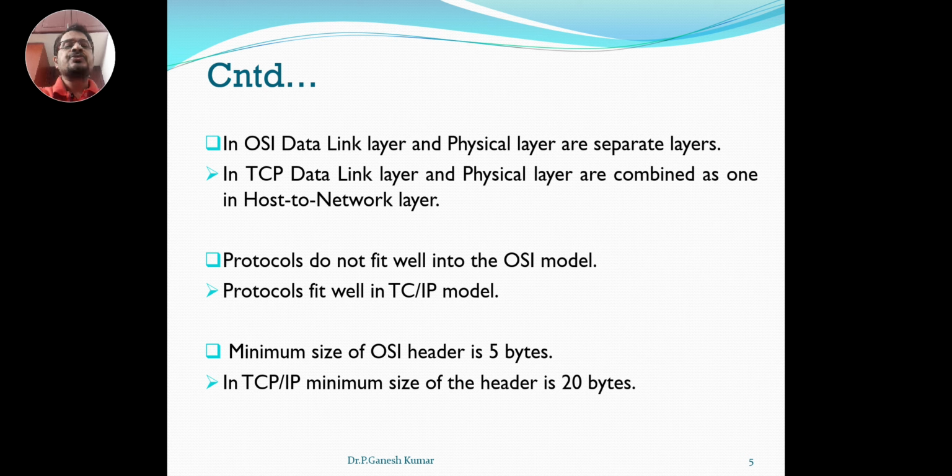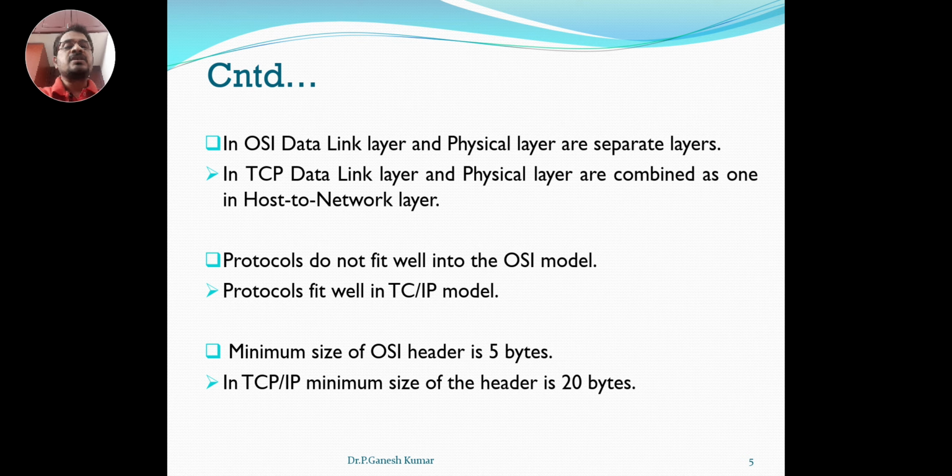The protocols do not fit well into the OSI model, because as telecommunication and ICT have evolved a lot, nowadays protocols do not fit well into the OSI model. The earlier example could be used for this explanation also.